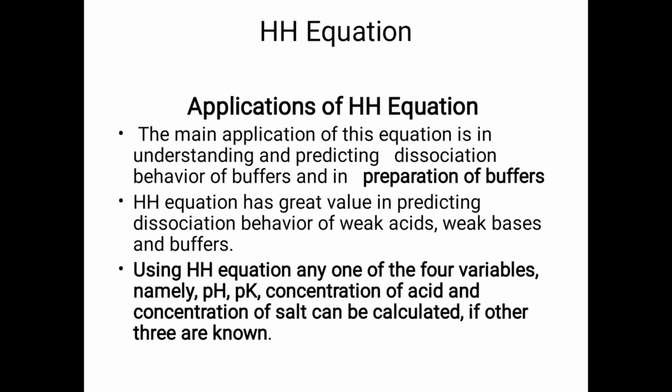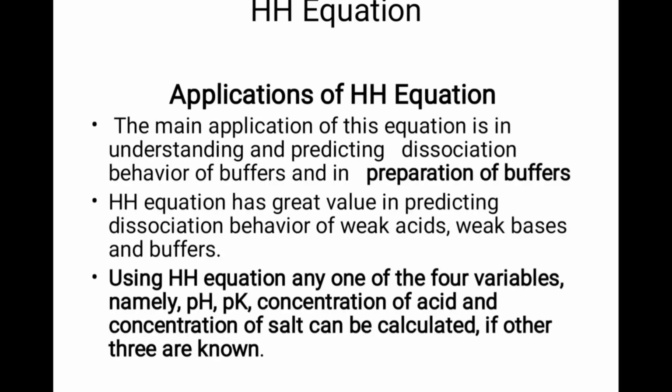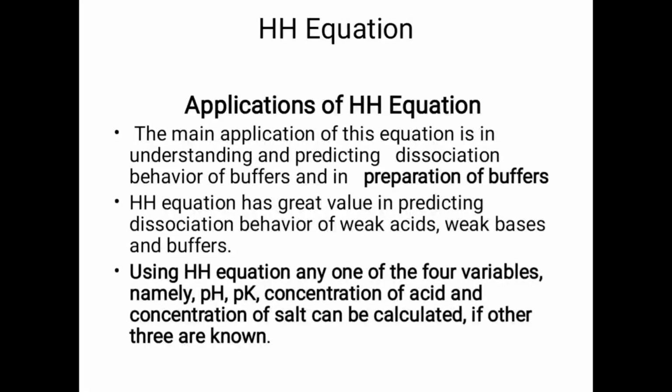So what is the application of this H and H equation? It is mainly used to predict the dissociation behavior of buffers, and this H and H equation is also used in the preparation of buffer. It has great value in predicting the dissociation behavior of weak acids, weak bases and buffers.